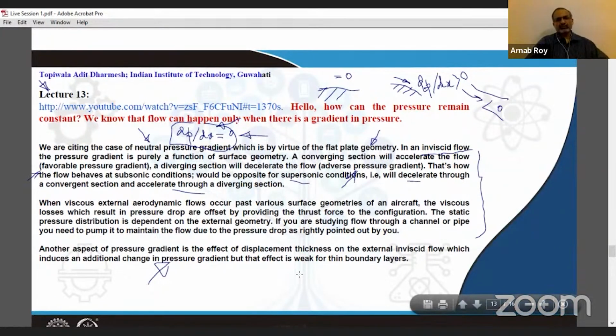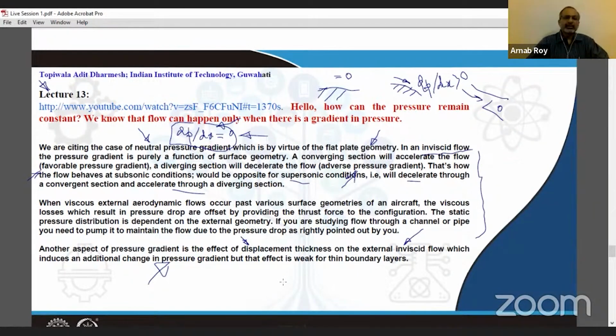Now, for a viscous situation, you will always have a boundary layer, and therefore the displacement thickness effect. So what it will end up doing is it will displace the external inviscid flow to a lesser or greater extent. Now this essentially means that in the external flow that would induce a slight pressure gradient anyway, because what is geometrically flat is fluid dynamically not perfectly flat as it appears to the inviscid flow.